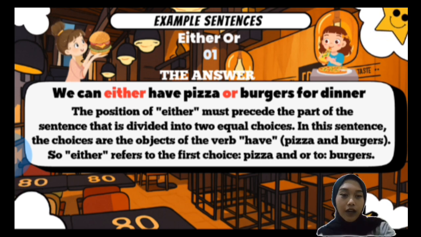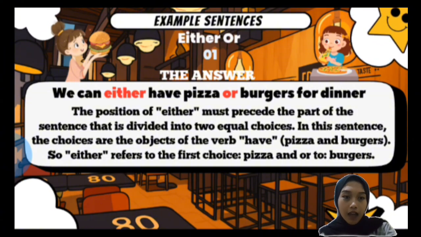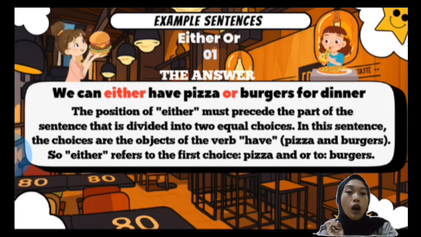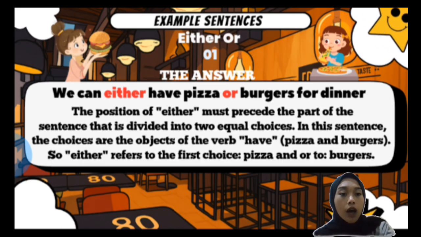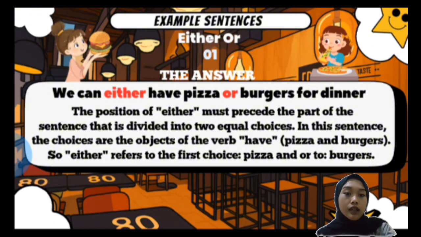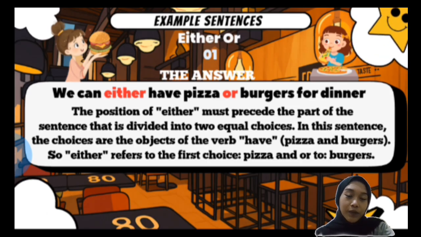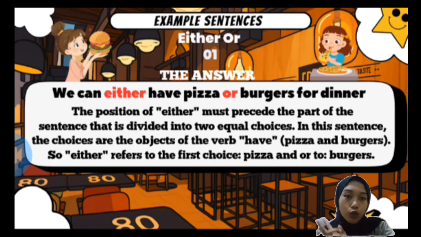My references: 1. By Betty Azar, Understanding and Using English Grammar, which says correlative conjunctions like either/or must maintain parallel structure and proper subject-verb agreement. 2.